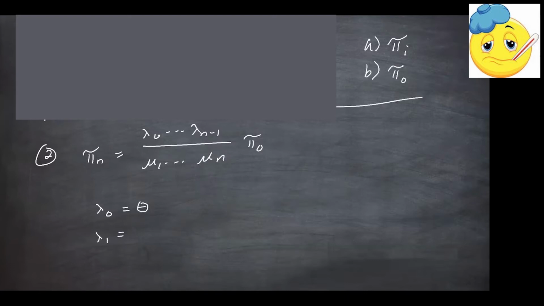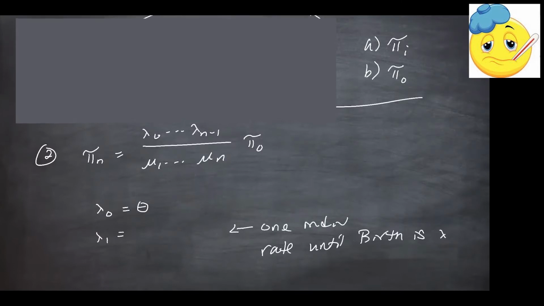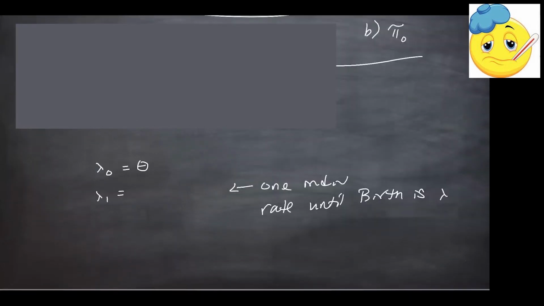And if there's one there, this means there's one individual, and the rate until birth is lambda, but this event that the cell or person gives birth is racing with immigration.